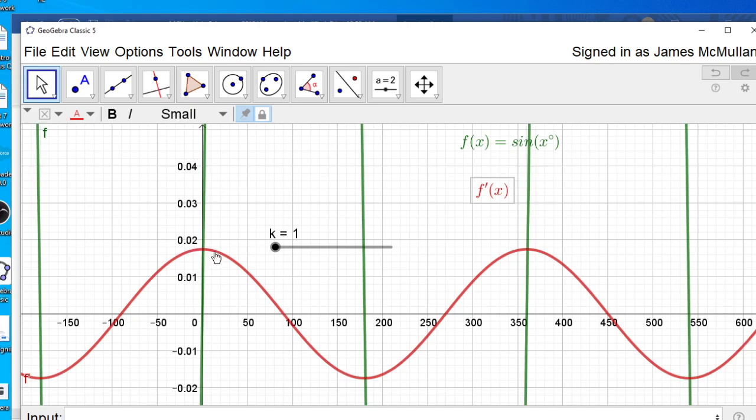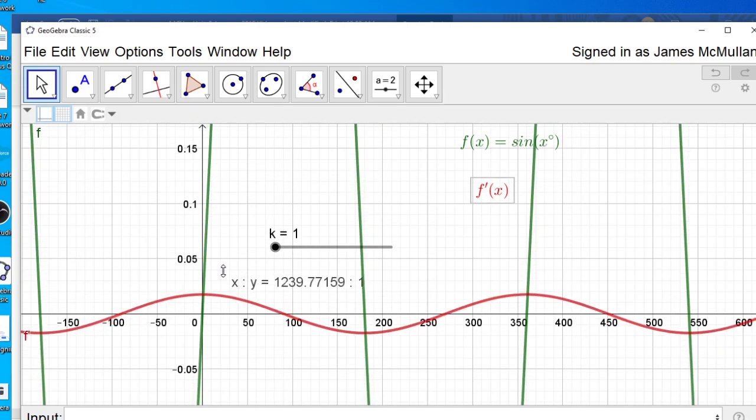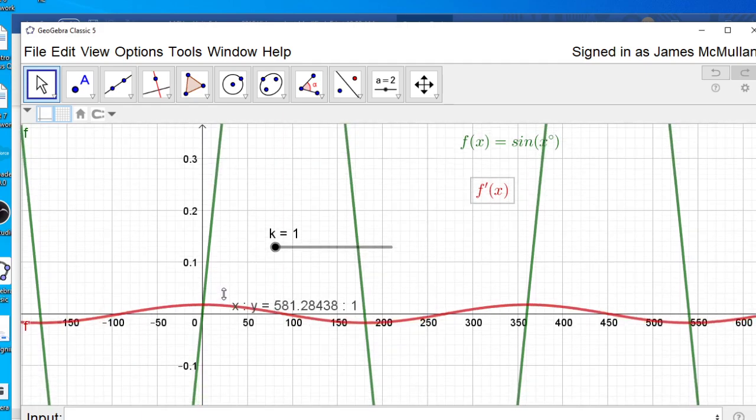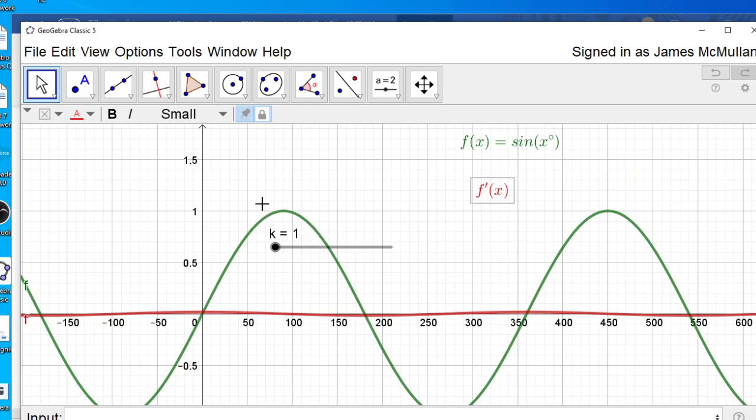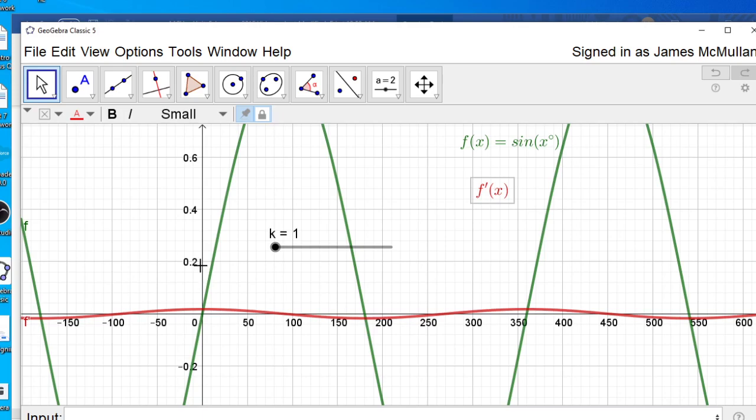It starts at its max. At 90, it's on the axis. At 180, it's down at the min. And then it's back to the axis and back to the max at 360. So the graph of the derivative of sine is like cosine, except, like last lesson about e, it needs a correction factor, because you can see that the amplitude is clearly not equal.